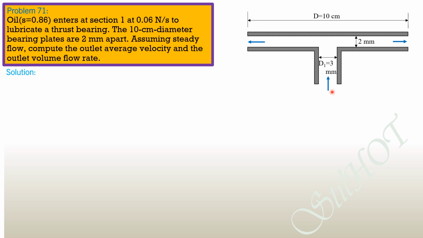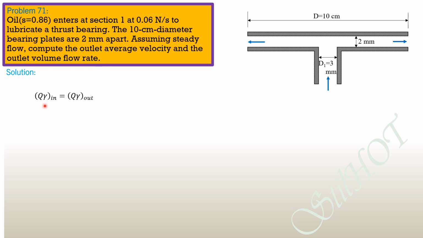So the circumference, by the way, of the outlet is pi times diameter. Diameter is 0.1 meter, and the thickness or height is 0.002 meter. Convert everything to meters, so that the units of average velocity would be meters per second, and volume flow rate in cubic meters per second.